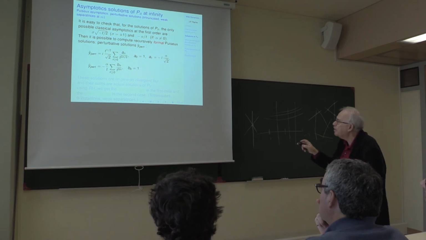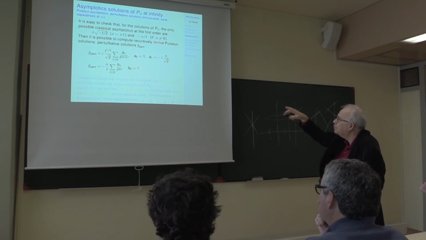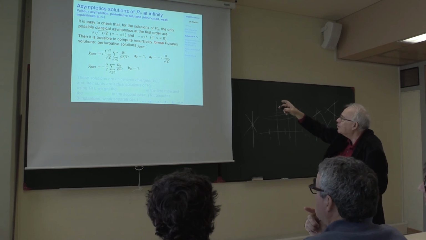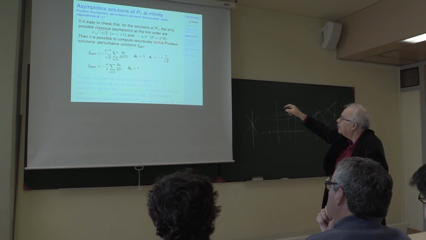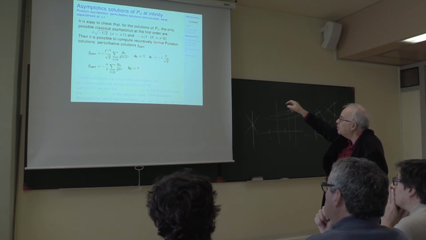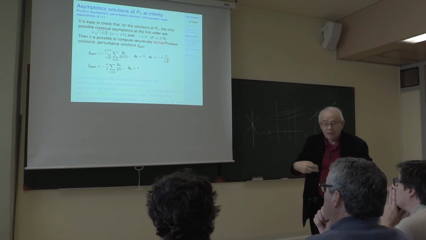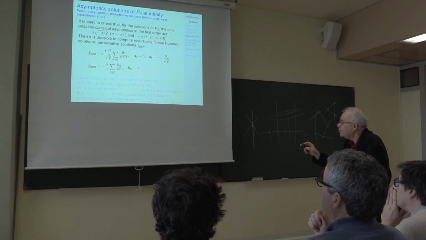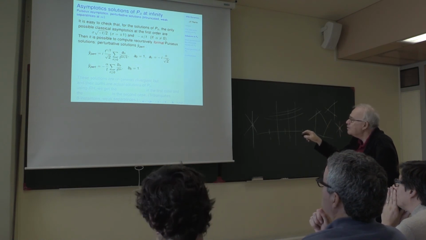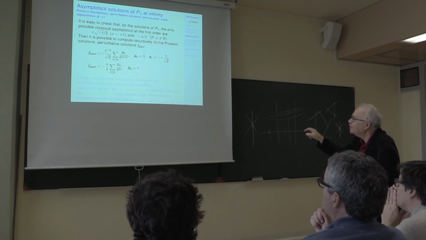In this generic case, you get that the only possible dominant term for the classical asymptotics is this one, and then you plug in and recursively compute the coefficients, and you get what physicists call the perturbative series solution.